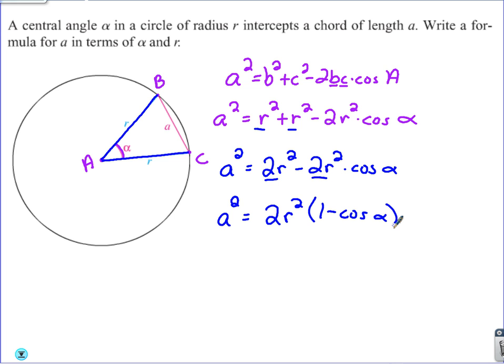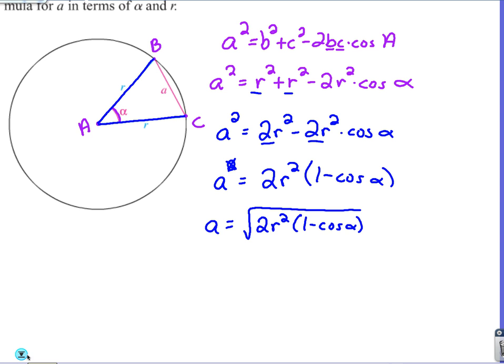To get A by itself, we can get rid of the squared by taking the square root. A is equal to, you don't have to put plus and minus because it's always going to be positive, so let's just deal with the principal root. A is equal to the square root of 2R squared times 1 minus cosine alpha. One more step, R squared.